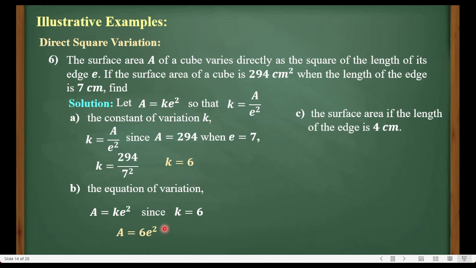So using this equation, we can compute for the required surface area. So since e is 4, that would be A is equal to 6 times 4 squared, or 6 times 16, so you have 96 square centimeters. And this is your answer.